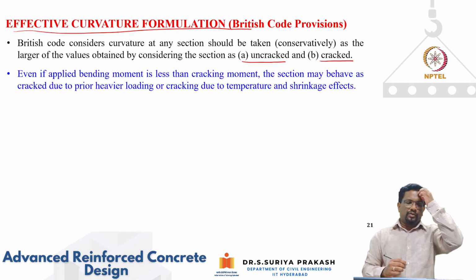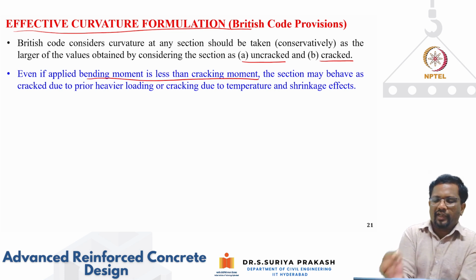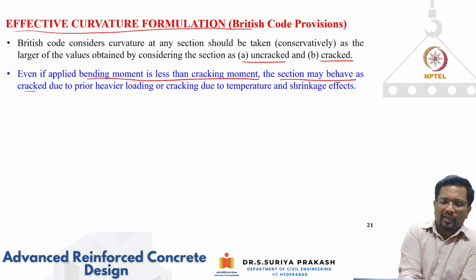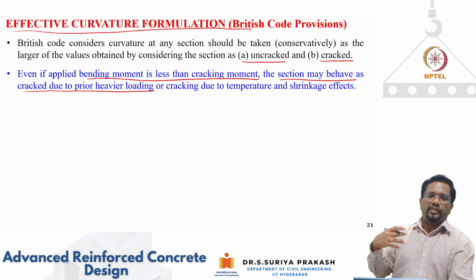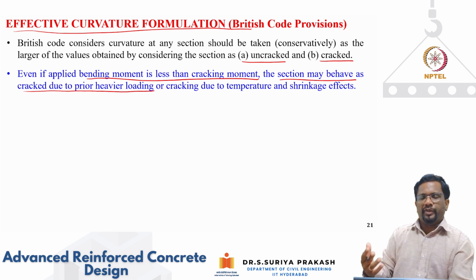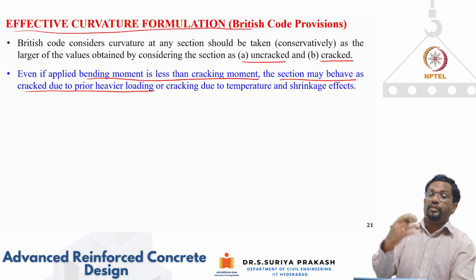Now what the code is saying is, even if your applied bending moment is less than the cracking moment, the section may behave as a cracked one due to prior heavier loading or cracking. Sometimes your current service loads may be less, but in the past you may have had an accidental overloading, so you might have already cracked.